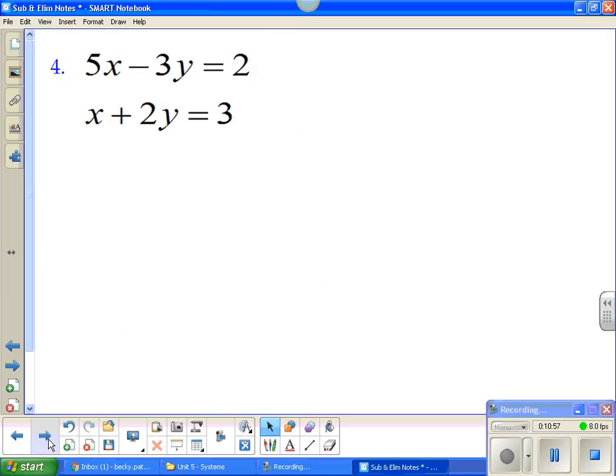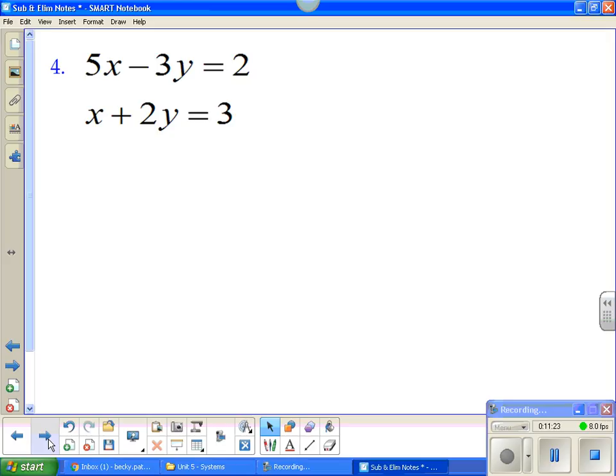Number 4. Okay, so we're going to think about this again. If I want my x's to cancel, I have a 5x and a 1x. What can I turn them both into? Now I could turn them both into a 5x. The top guy's fine. He's already a 5x. So what would you need to multiply the bottom equation by so that your x's would cancel? And the answer is a negative 5.